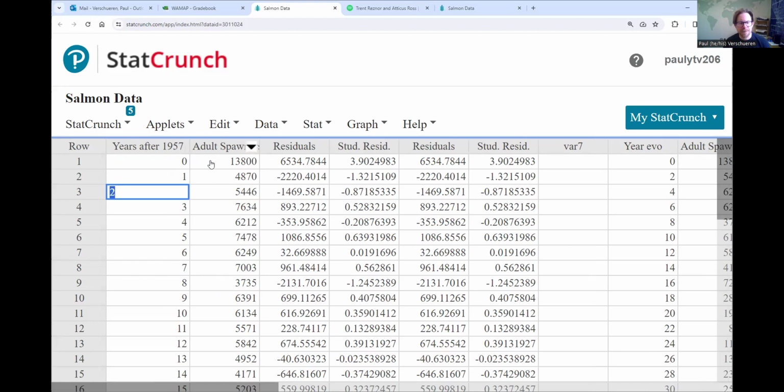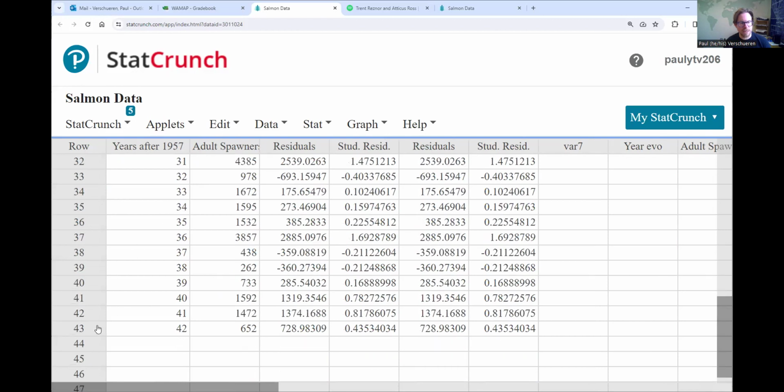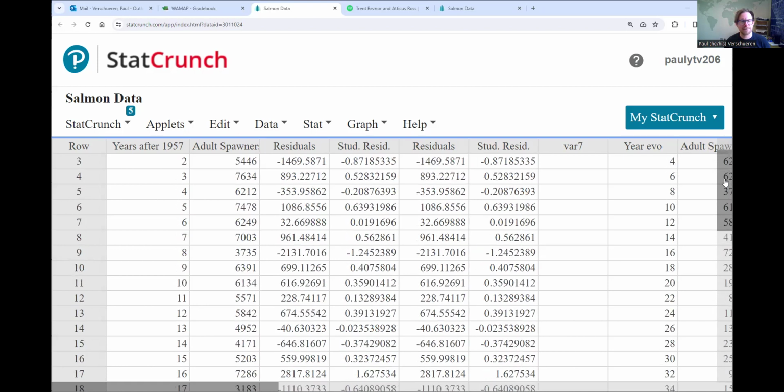This data has 43 values and goes to 1999. Notice that 1999 minus 1957 gives you 42, so the X value is measured in years after 1957.